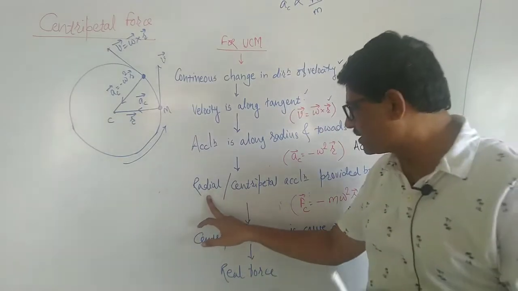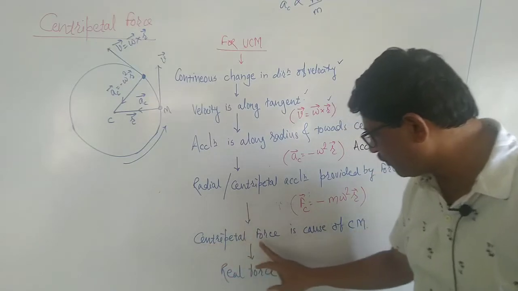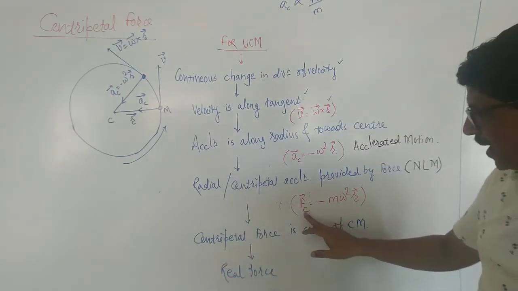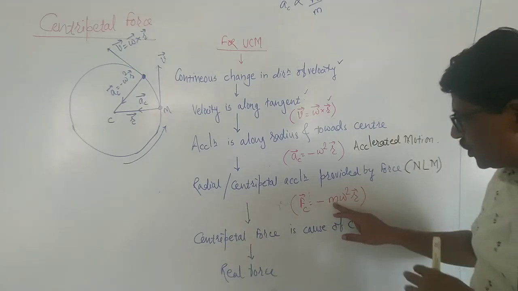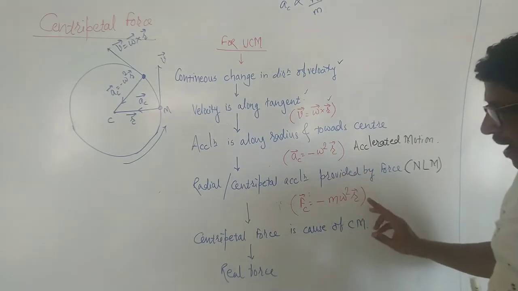It is along the radius, therefore radial force or centripetal force is the cause of circular motion, and it is given by minus m omega square vector r. Actually, force is mass into acceleration. Acceleration is here minus omega square vector r.